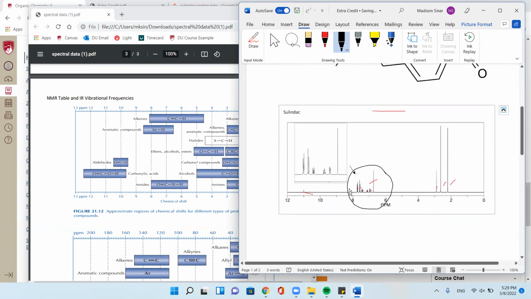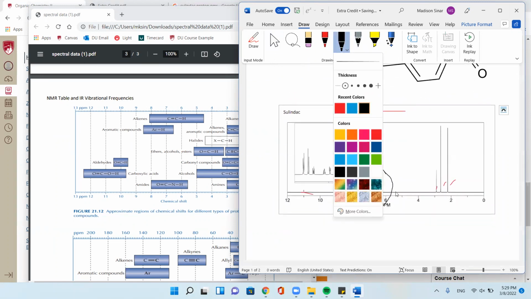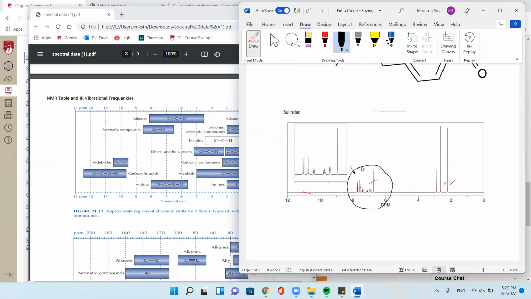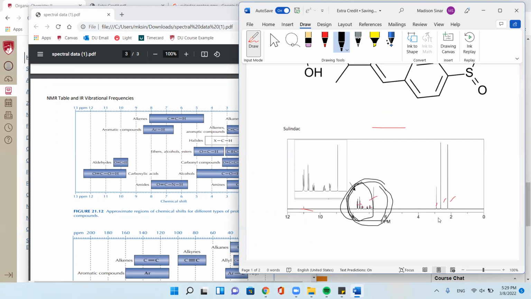So we can attribute at least these 4 or 5 right here to be aromatic. Let me see, I think I missed something here. Oh no, okay, cool. So yes, all 6 of these actually would be aromatic.